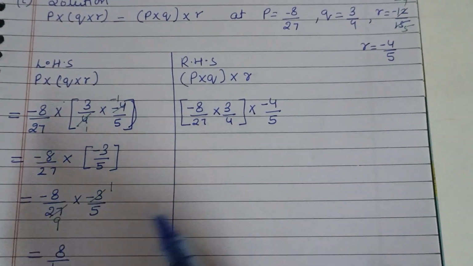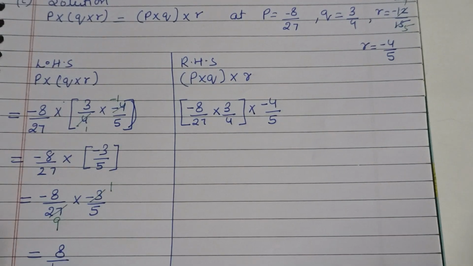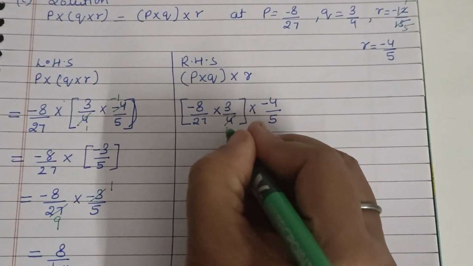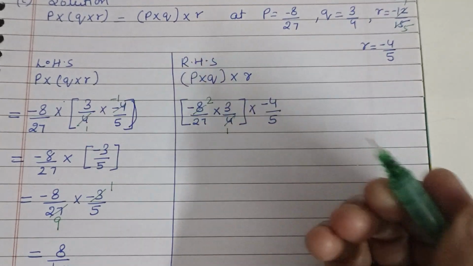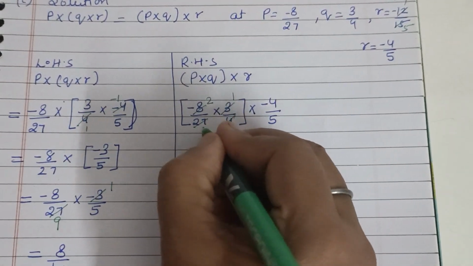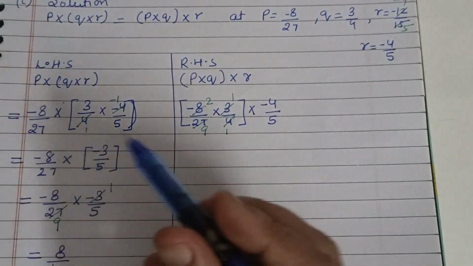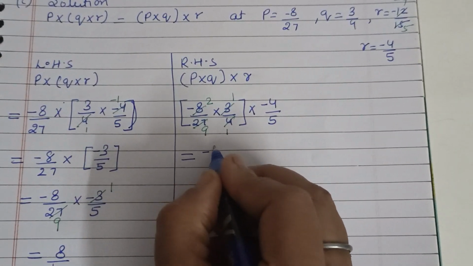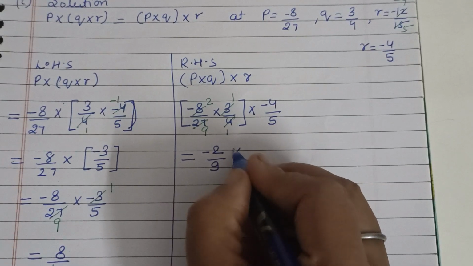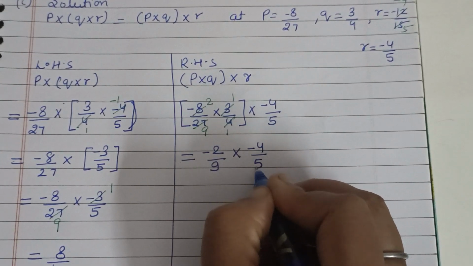Inside the bracket cutting is possible. So do the cutting. 4 ones are 4, 4 twos are 8. 3 ones are 3, 3 nines are 27. What will be left inside the bracket? Minus 2 by 9 multiplied by minus 4 by 5.